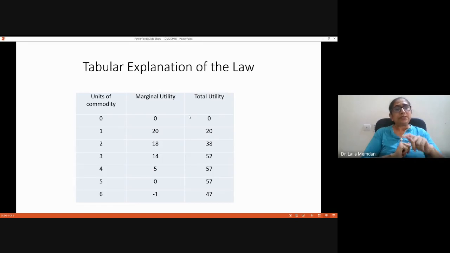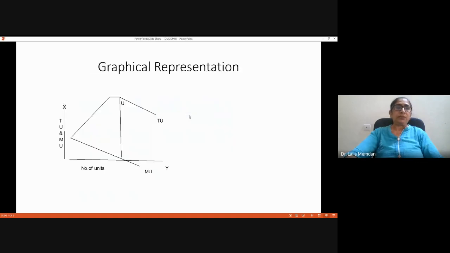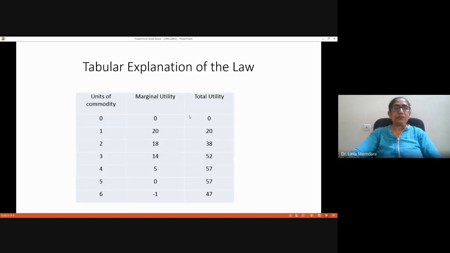Now coming to the graphical explanation, on the x-axis I have number of units, and on the y-axis is the total utility and the marginal utility. Total utility and marginal utility both are starting from 0, but we omit the 0 part and we start with the first. So both are starting from 20, from the first unit onward.